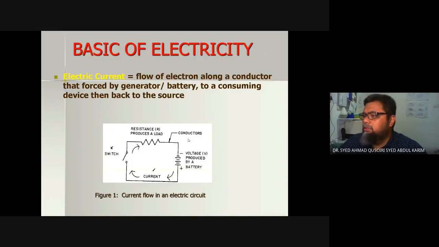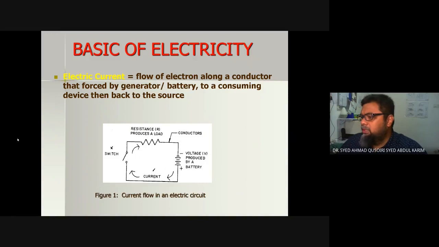The electric current is a flow of electrons along a conductor that is forced by a generator or a battery to a consuming device. Based on that definition, it covers the four main components that are involved in the flow of electrical current.